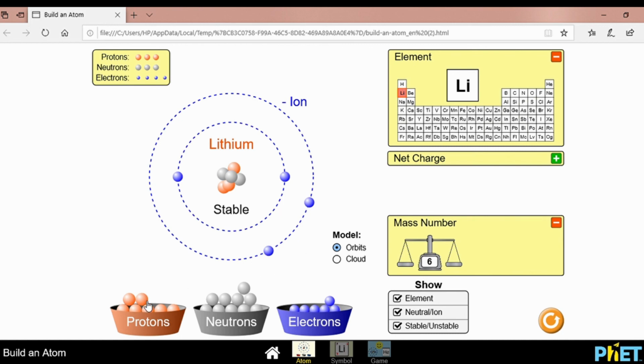What if I add one more proton? It becomes neutral again, but unstable. So I want to add one neutron, another neutron. Okay, it becomes stable. If I want to make it a positive ion, I need to add more protons. See, it becomes a positive ion.